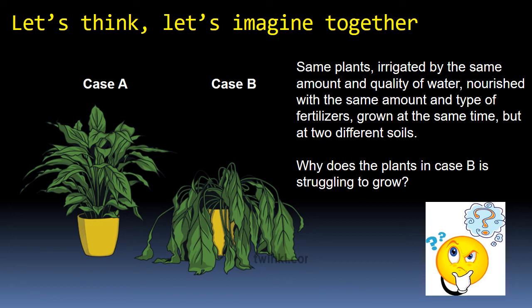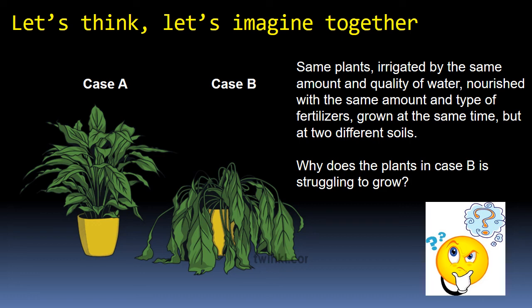So, what other possible reasons are there why the plant in soil B died? Probably soil B has, for example, a very low CEC, and therefore once you add the nutrients, they won't be retained in the soil and they will be easily leached out as you add water. And therefore, if you didn't add fertilizers more frequently, the plant had a deficiency.